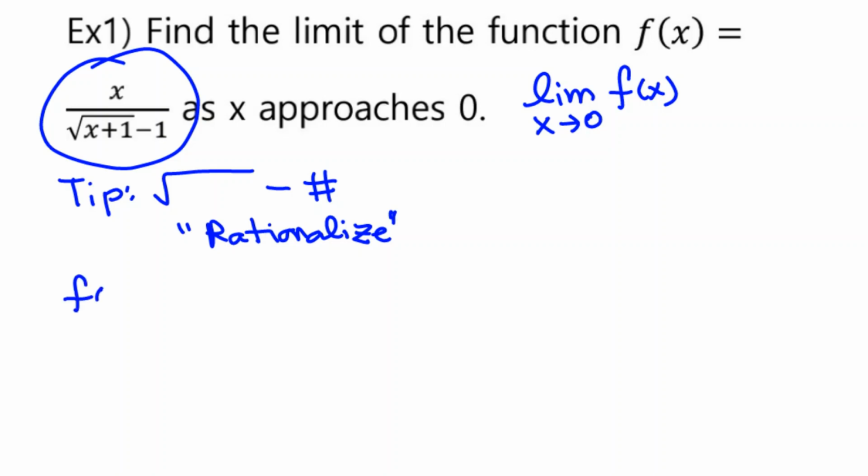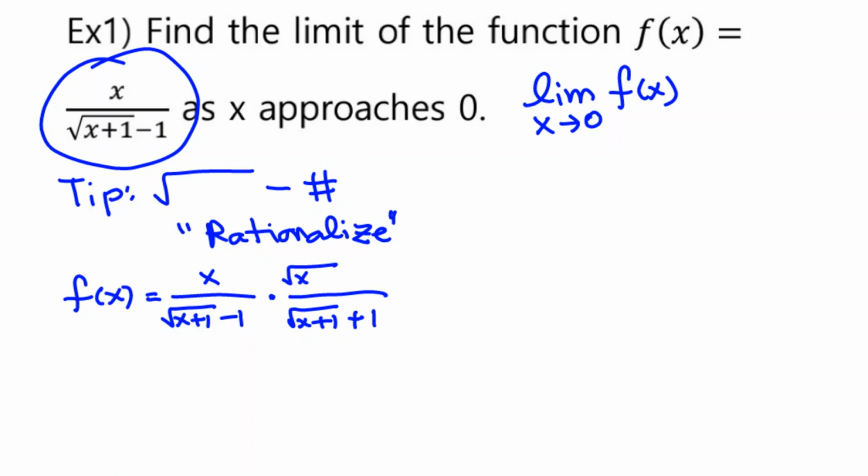Okay? So let me rewrite the function. f of x equals x over square root of x plus 1 minus 1. Alright, how are we going to rationalize the denominator? The same square root, same number, but the opposite sign. So here is a minus, here is a plus. Alright, the same top and the bottom so that we are not changing the value. Using the sum and difference formula, so square root of x plus 1 squared, so that's x plus 1, right? 1 times 1 is 1 and the minus.